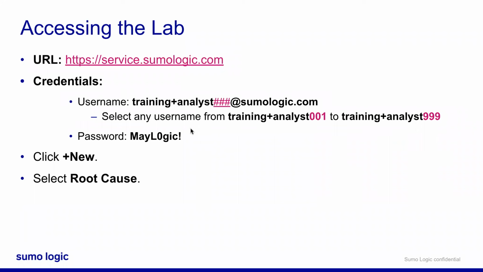And once again, the password is capital M-A-Y, capital L, 0, GIC, exclamation point. If you're getting an error about the account being locked, I would just try a different 3-digit number. It's possible somebody else got in. And you may also be able to copy the password from the chat.